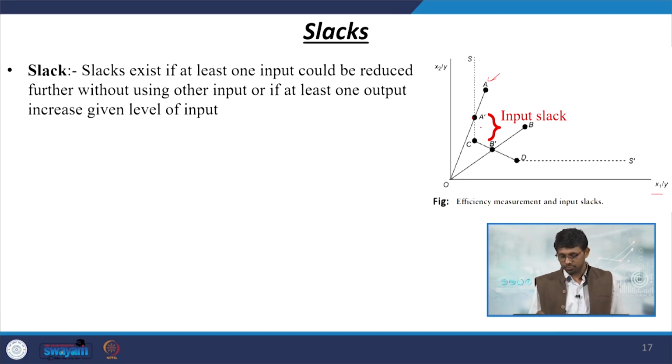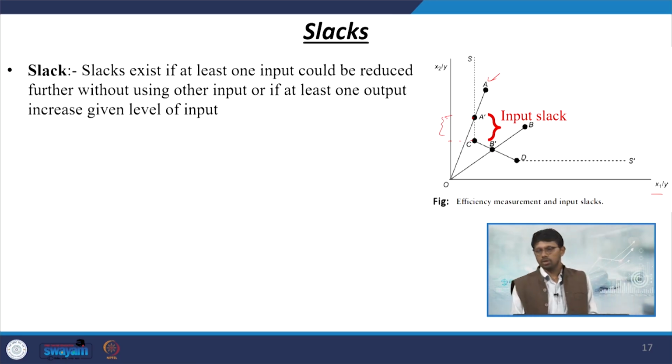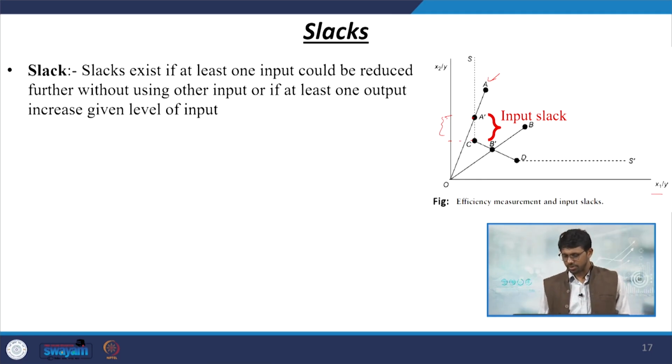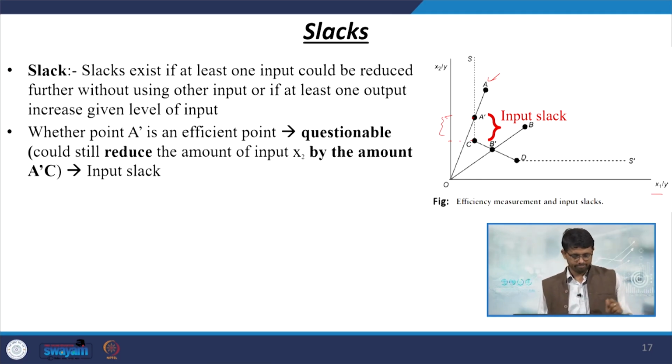So, basically with lower inputs of these, we are still able to attain the optimum level of output. Therefore, this is called input slack, x2 can be minimized. Similarly, you can explain it for the x1 level as well. And so, A prime C is called input slack.